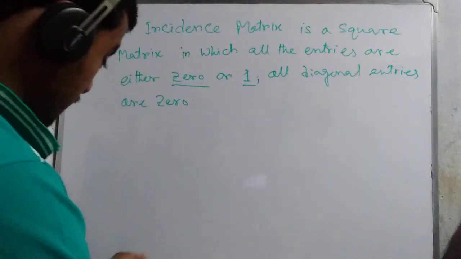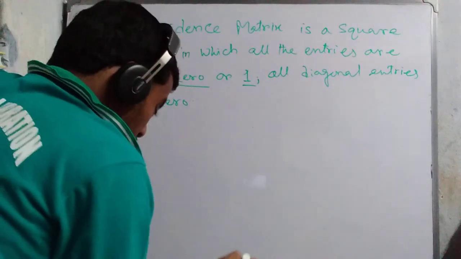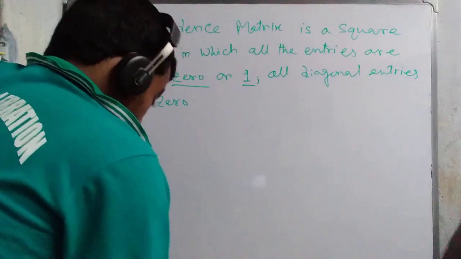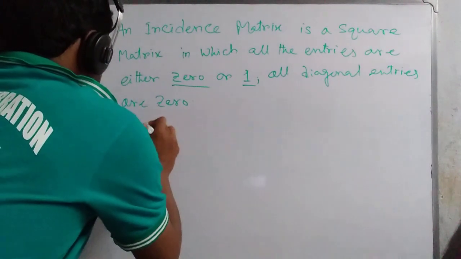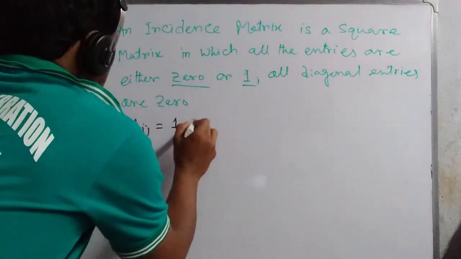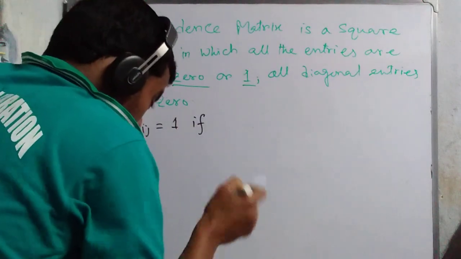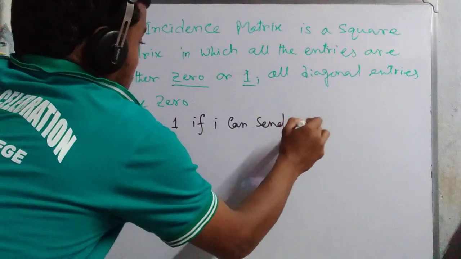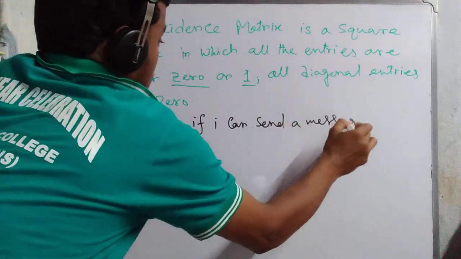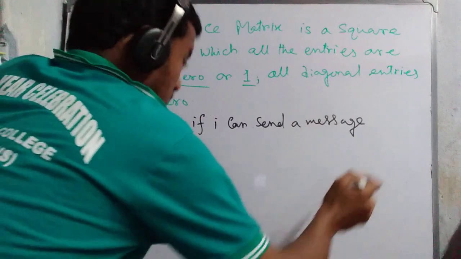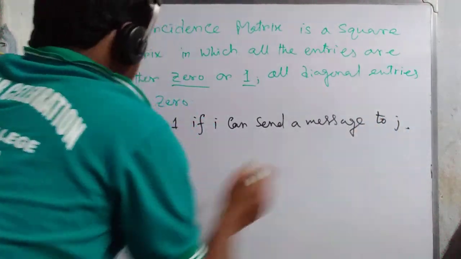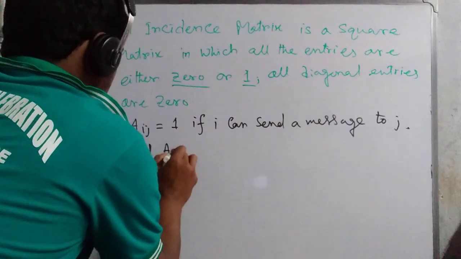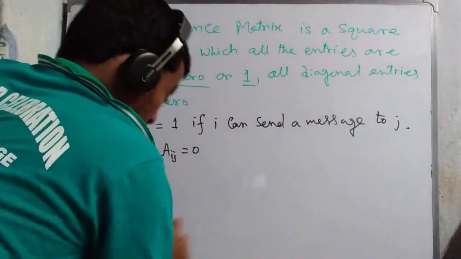Then also write it in this way: a_ij equal to 1 if i can send a message to j, and a_ij equal to 0 otherwise.